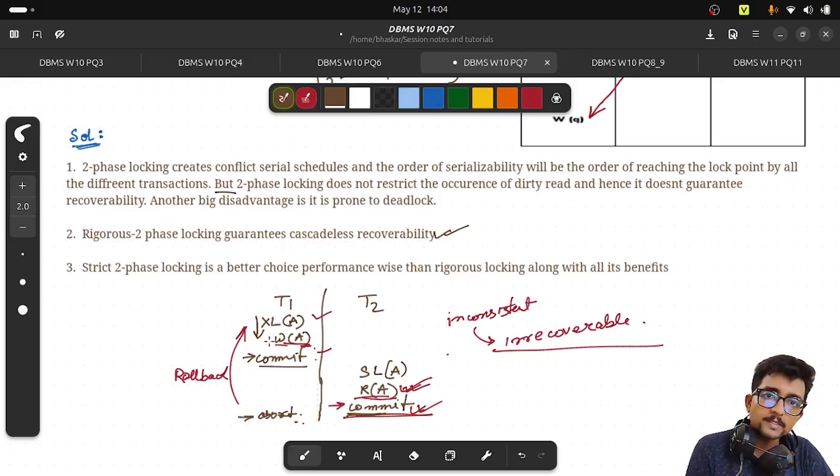So at least allow the shared lock to be released before the commit in T1, so that any transaction trying to read a variable which has not been written by T1 can proceed. Because a shared lock means what? If I try to take a shared lock on a variable, that means that variable is not being written by someone else.